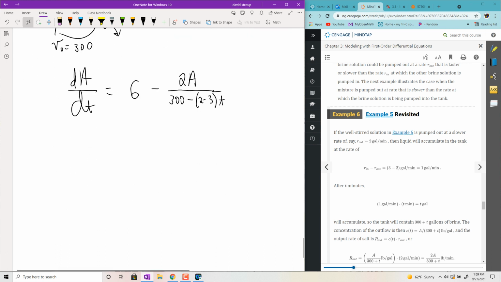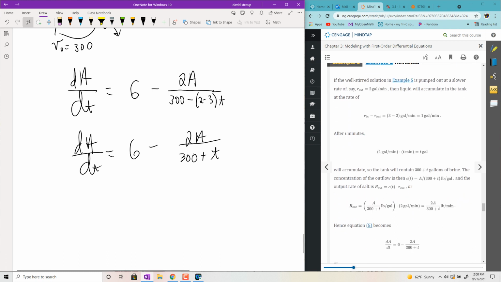So anyways, let's go ahead and rewrite it. I got 2A all over 300 minus t, or plus t. It needs to be plus. And so minus 1 plus t. You can see that's what they got there too. Okay, I'm going to rewrite it now as linear and then solve using an integrating factor.